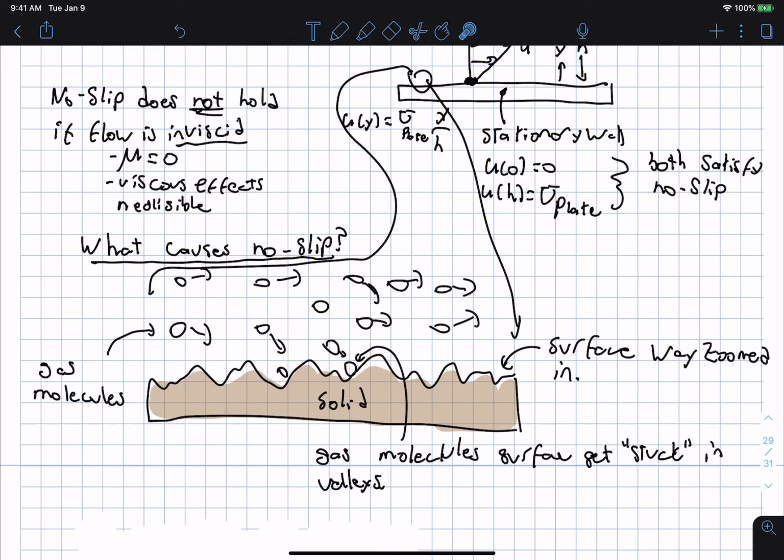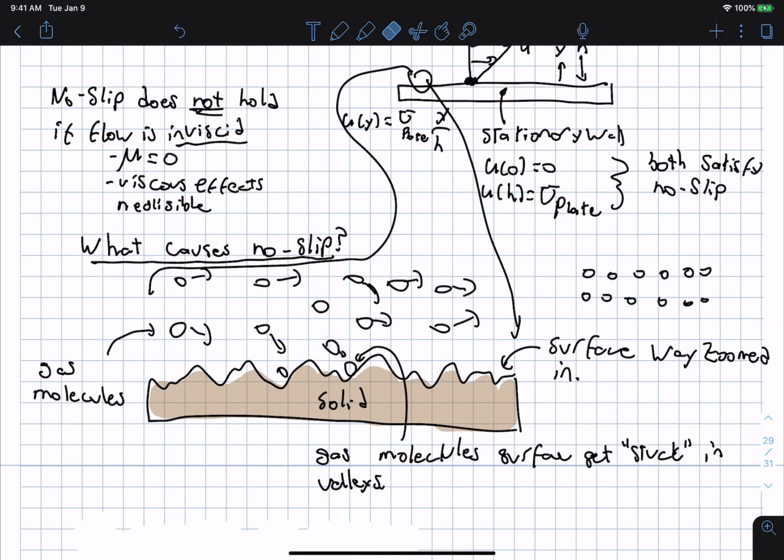You cannot polish a surface to get rid of the no slip condition, because even at the molecular level, a solid is nothing more than a bunch of little molecules where you can sort of think of them as being connected together by springs like this. But even at the molecular level, there are still little peaks and valleys because a gas molecule can basically strike there, and then it'll basically get stuck.